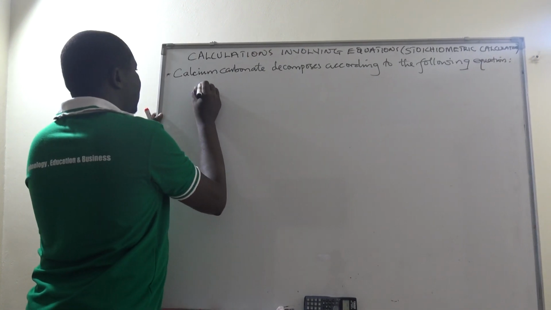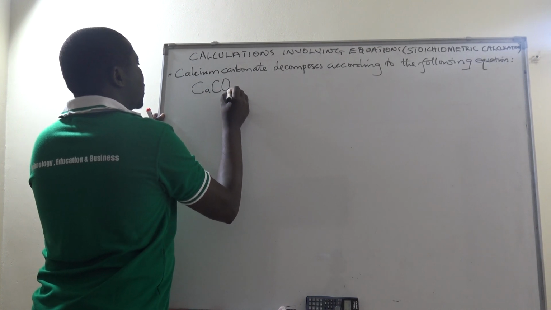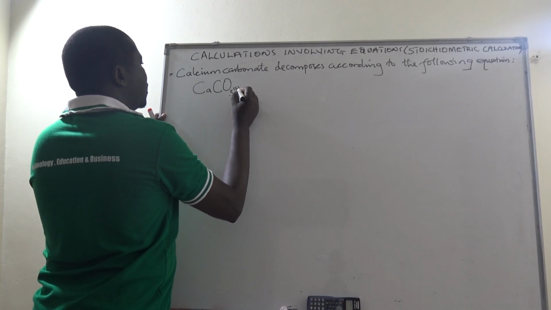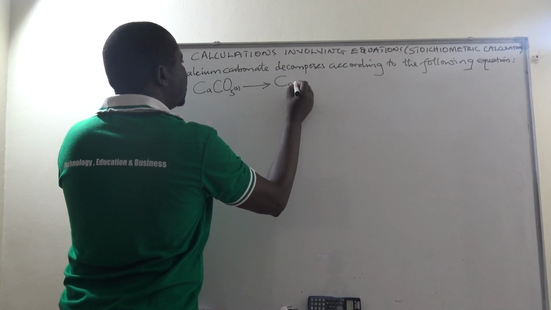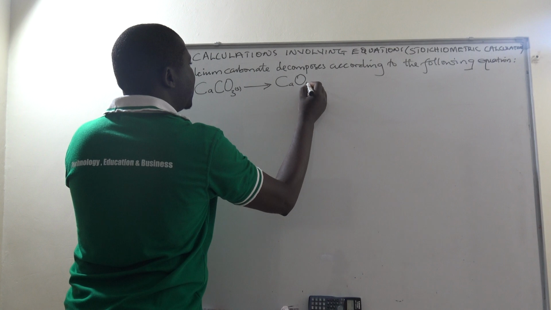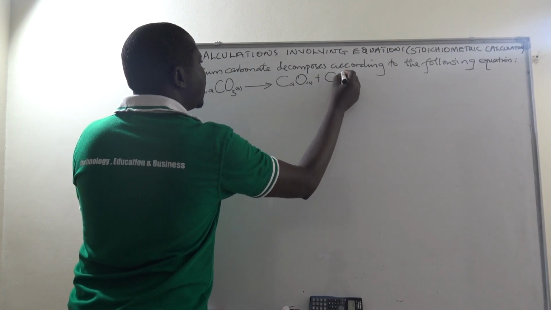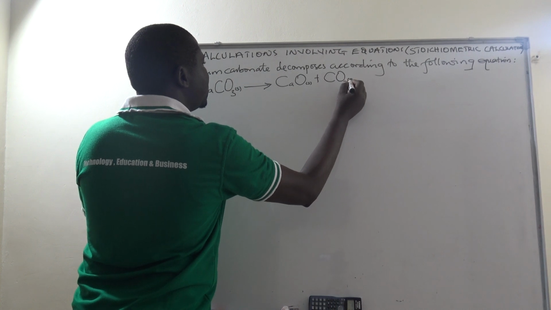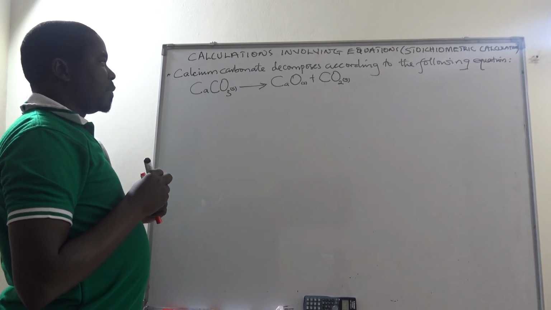So the equation is this: calcium carbonate produces calcium oxide and then carbon dioxide gas. This is the equation for the decomposition, the full decomposition of calcium carbonate.